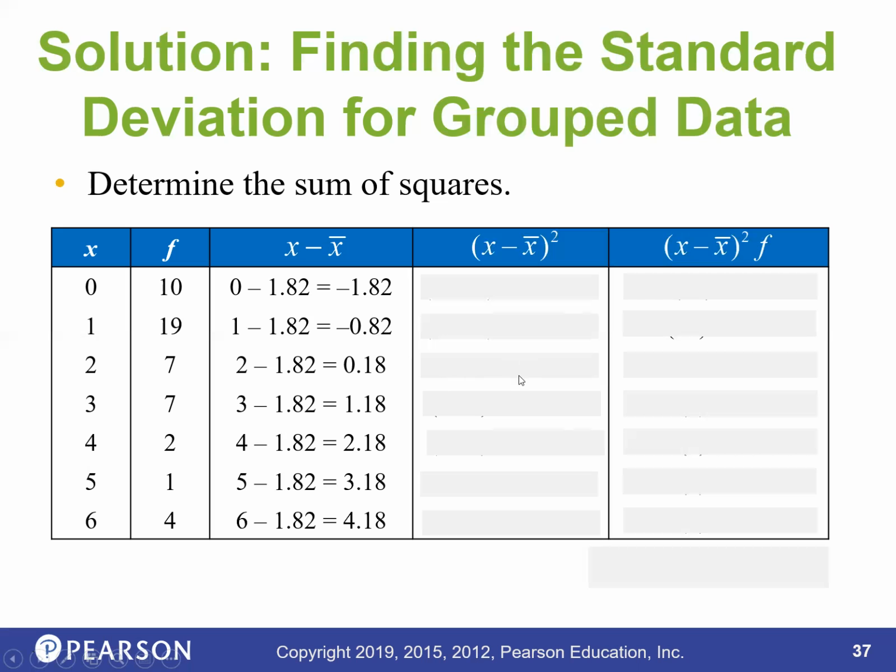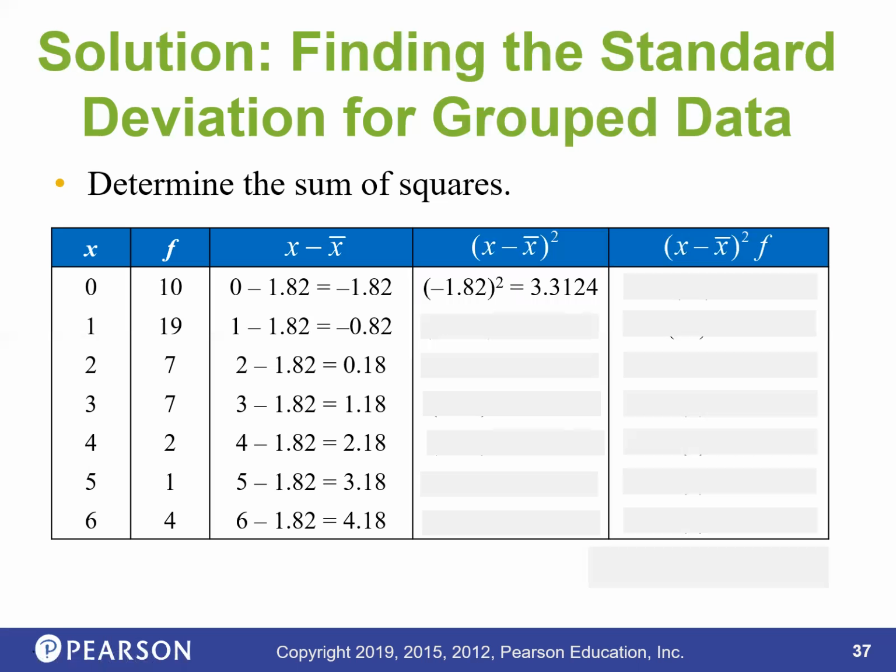What is the answer there? 3.3124. In this case, we want more accuracy at this point, so we're going to put 4 decimal places out. We're good?